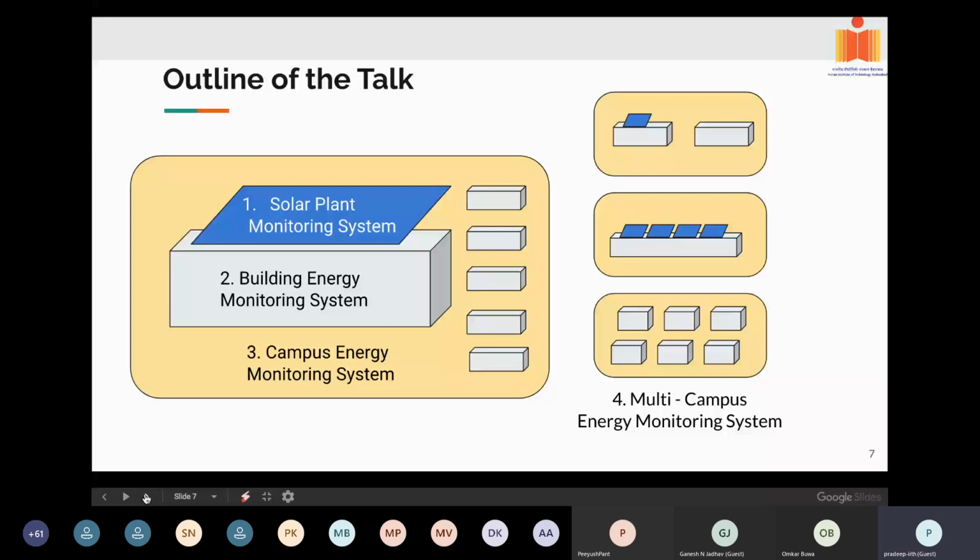Then the meter readings are stored in the master controller, and using Wi-Fi or any other communication, the data can be transported to a central server, and at the server the website can be developed, and the data can be visualized. So this is a simple block diagram of the building monitoring system. I'll show some pictures.